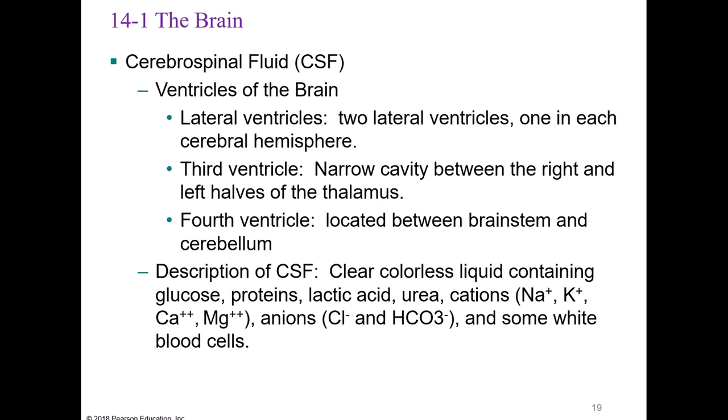Then some anions, which are the negatively charged ions: chloride and HCO3, which is bicarbonate. There could be some white blood cells, which would be normal. A lot of white blood cells would indicate some type of infection, maybe like meningitis. We don't want to see red blood cells at all. That would be a sign that a blood vessel may have ruptured, as with an aneurysm, or somebody has had a stroke. So those are the normal constituents of the cerebrospinal fluid.